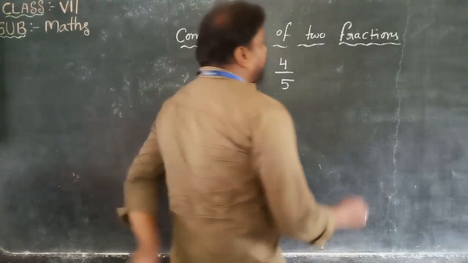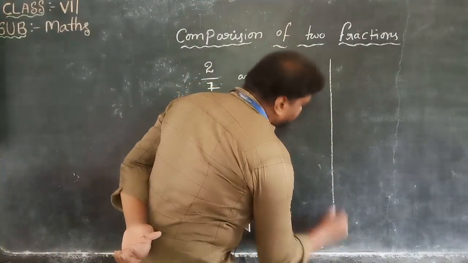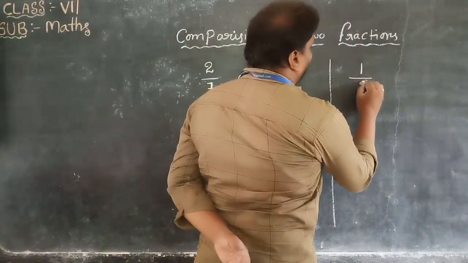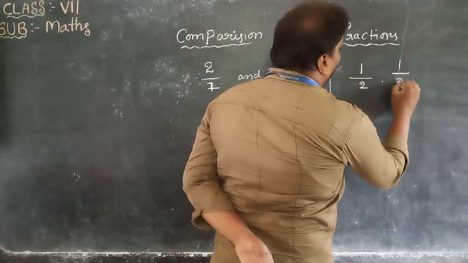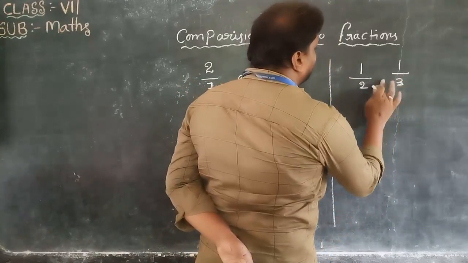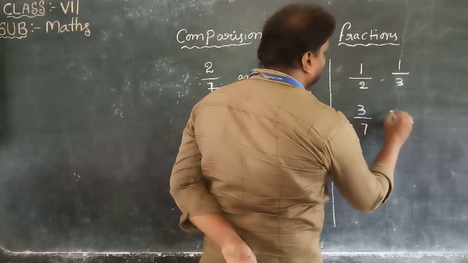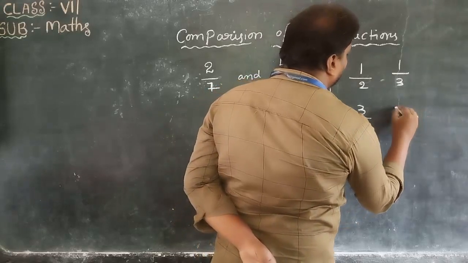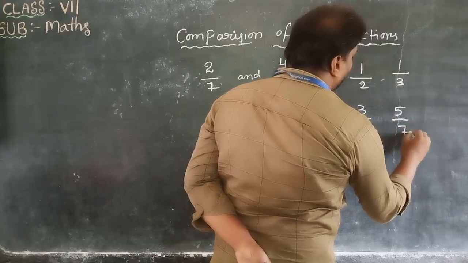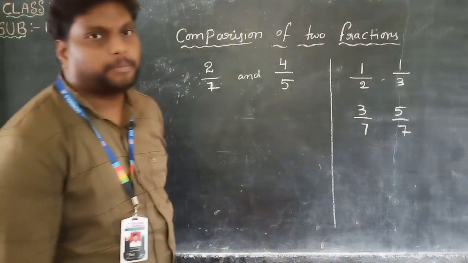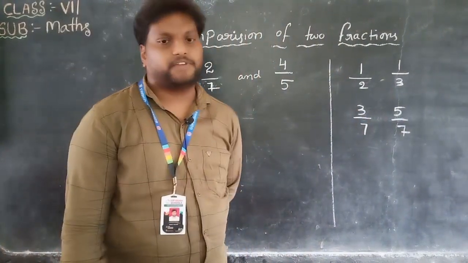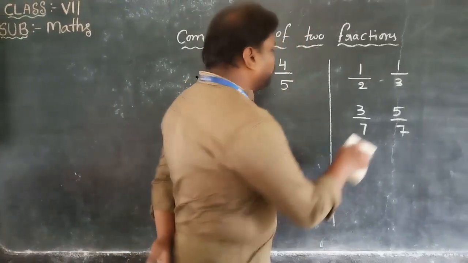First of all, I am taking 1 by 2, 1 by 3, and again 3 by 7, 5 by 7. Otherwise 3 by 2, 5 by 2.